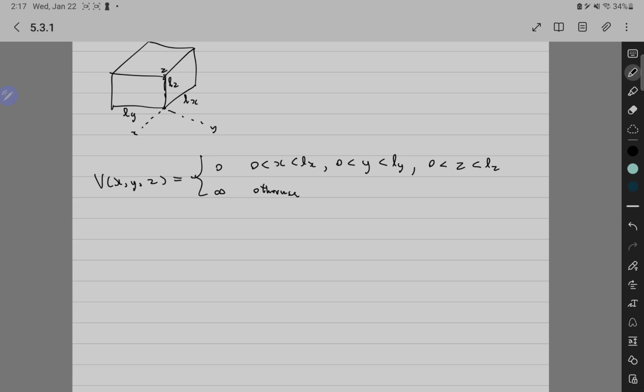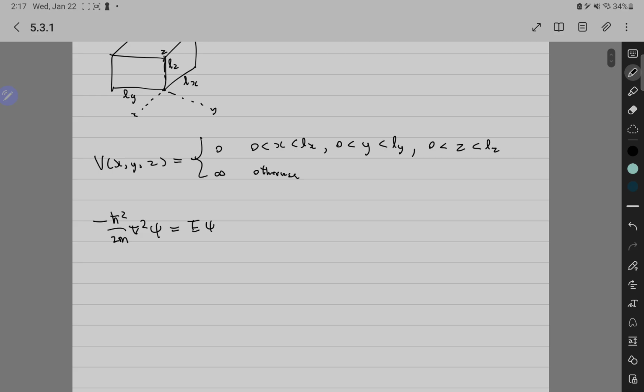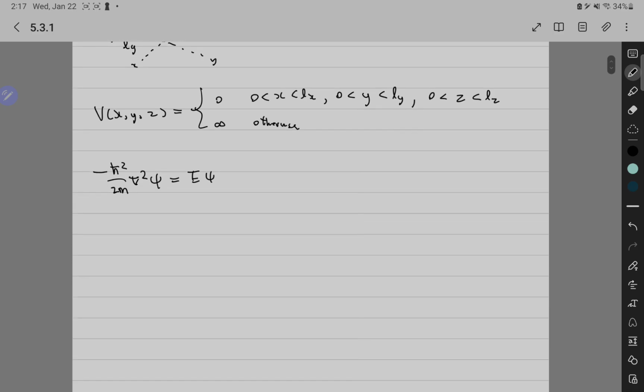Now we can take a look at Schrodinger's equation. The Schrodinger equation says negative h-bar squared over 2m Laplacian psi is equal to E psi. So what we're going to do here is assume that we can break our wave function into x, y, and z components. So our psi(x,y,z) is going to be equal to X(x) Y(y) Z(z).